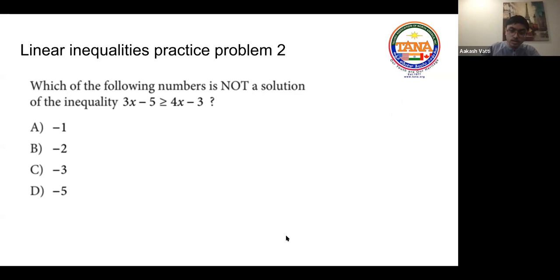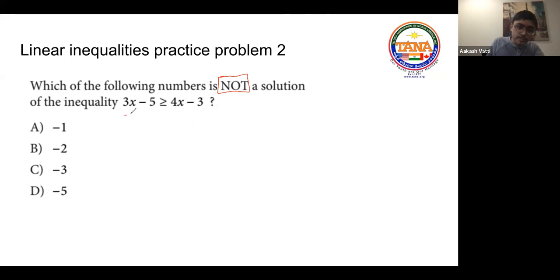All right. So for this question, it isn't hard as a whole, but what you do need to pay attention to is the word not here. Three of these answers are going to be a solution and one of them is not. You can solve this by putting variables together.